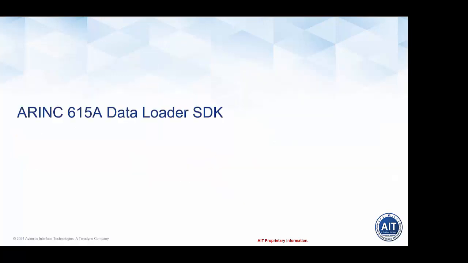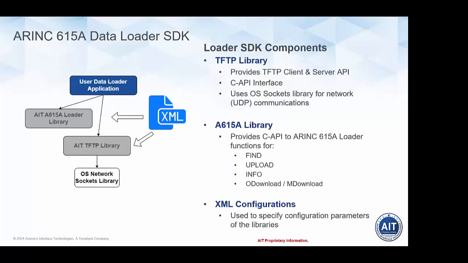All right, we'll jump down into the data loader SDK a little bit first here. So a component diagram showing the components of the data loader SDK. So we basically have two libraries, so two shared objects or two static libraries, depending on how we deliver it specifically for your application. If you're on Linux, or they would be two different DLLs on Windows.